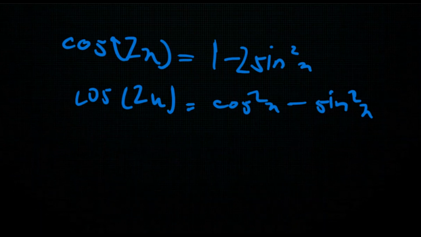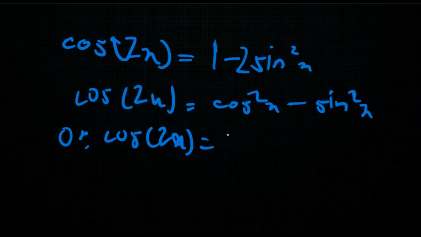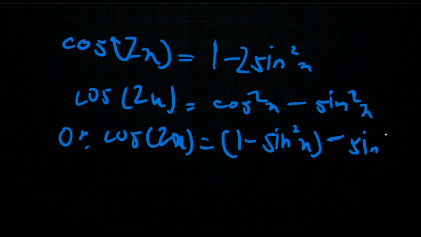We can apply that formula in our equation: cosine 2x equals 1 minus sine squared x minus sine squared x.